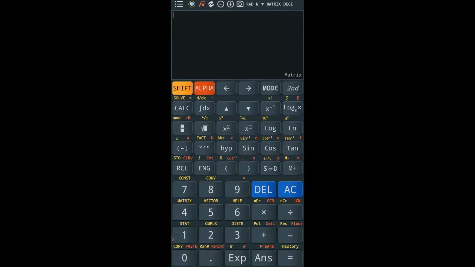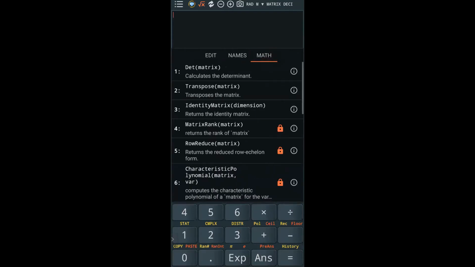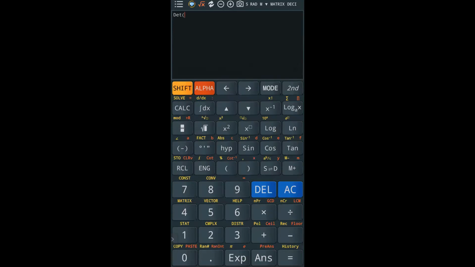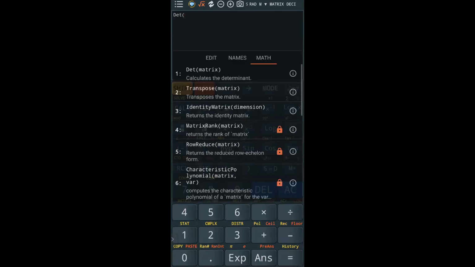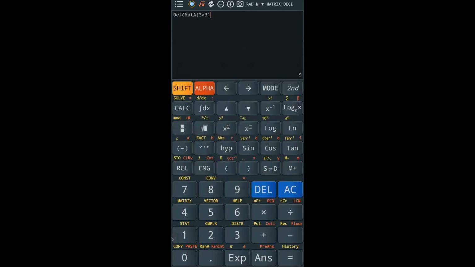Now I will go to shift, matrix, maths, and determinant. Again shift, matrix, and I want the determinant of matrix A, and it is coming as 9.